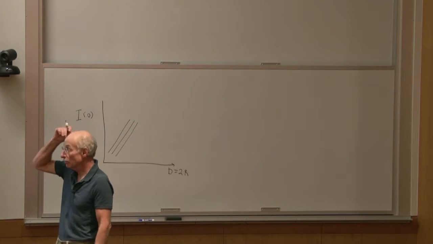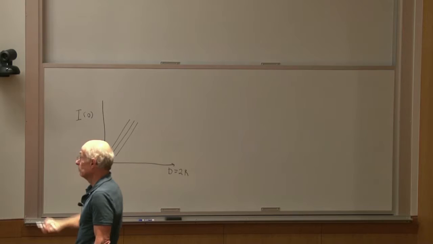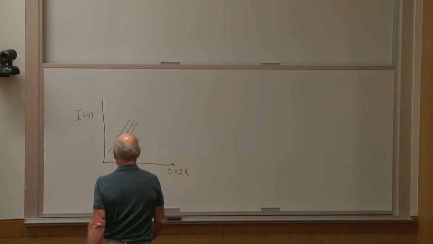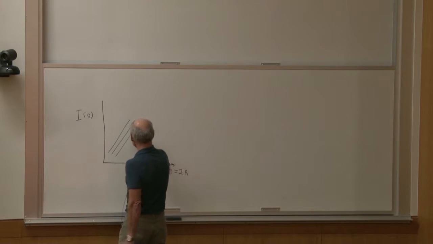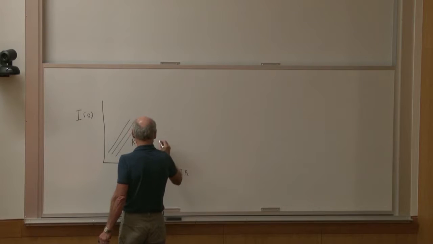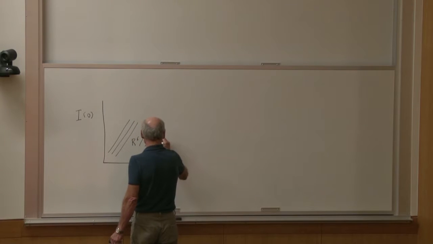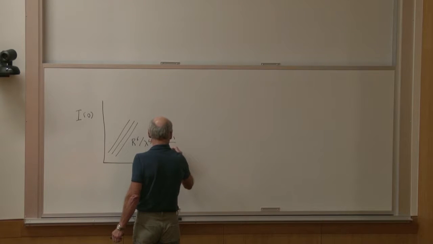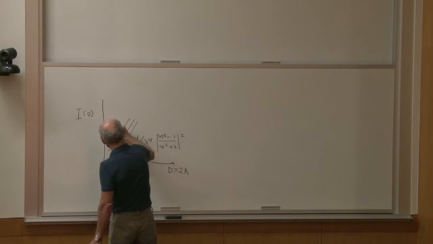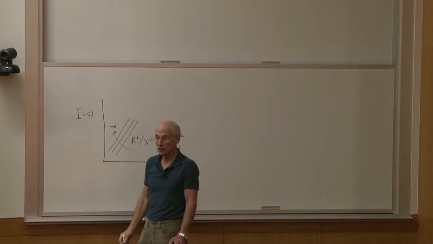We're normalizing by the Rayleigh scattering, so now I'm only plotting I naught, so I've got to multiply by the Rayleigh scattering. So all these have slopes of 6, radius to the 6th, lambda to the 4th. They've got the Lorentz term squared, and so on. So these are all these curves, and the index of refraction is increasing in that direction.